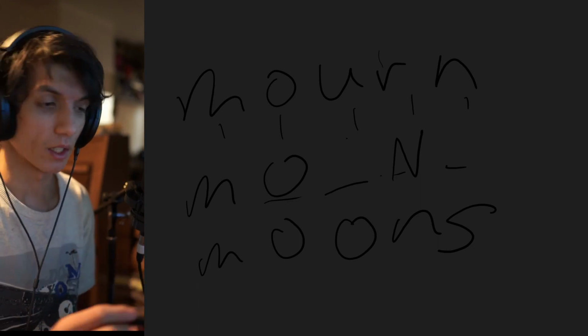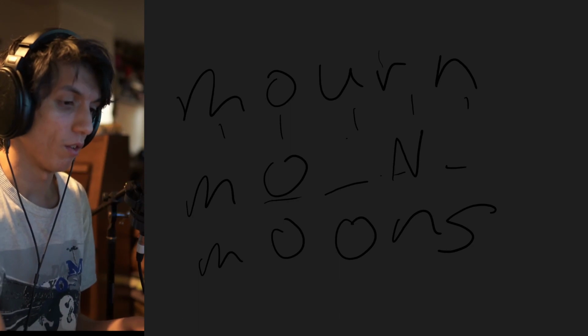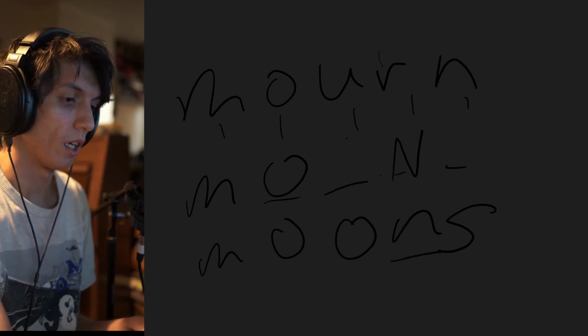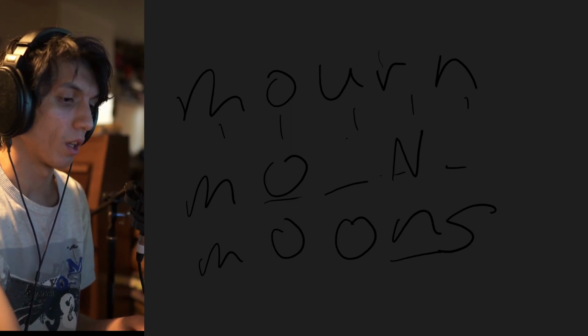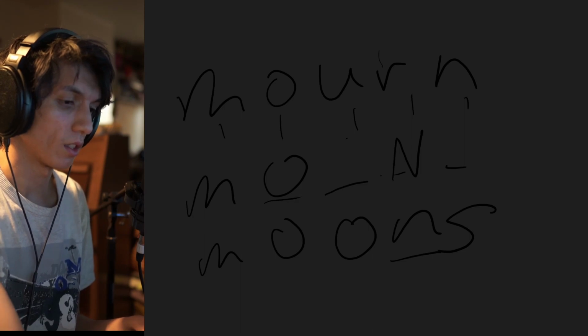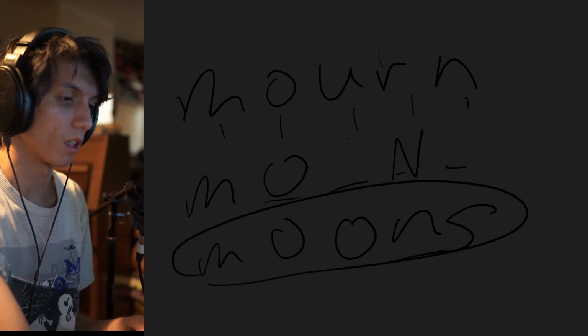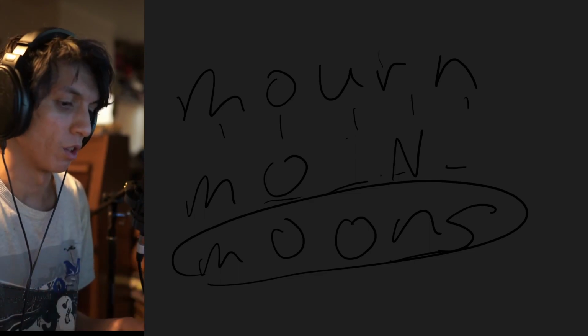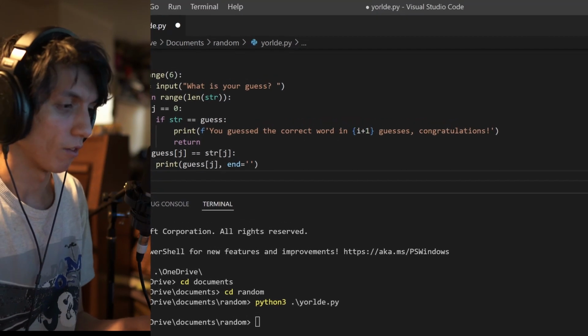Now I'm going to be doing a check to see if the number of n's is less than or equal to the number of n's in this word. Because say for example O is in the word, but the count of O's in this guess is greater than the number of O's in the input word. So basically less than or equal to or greater than, you can sort of reverse it, depends how you use it. Okay, so let's do that over here.